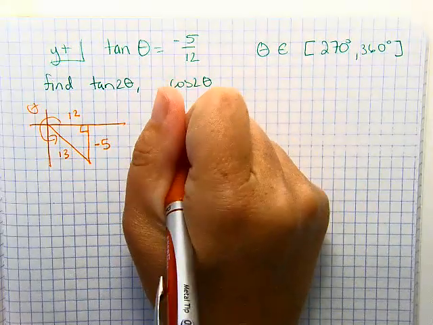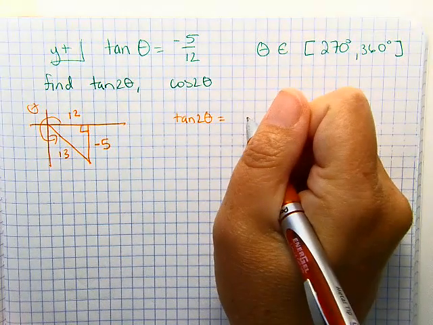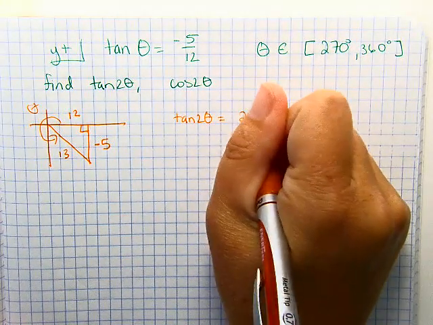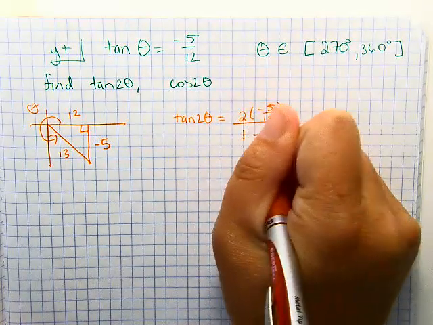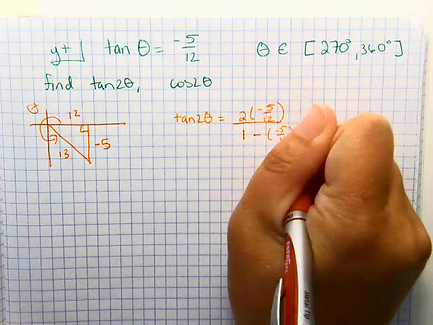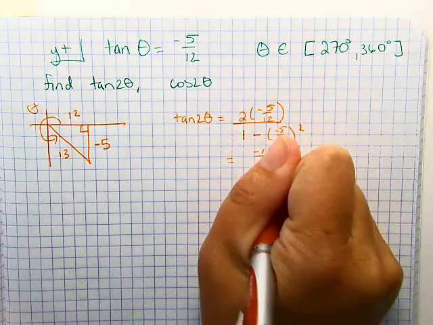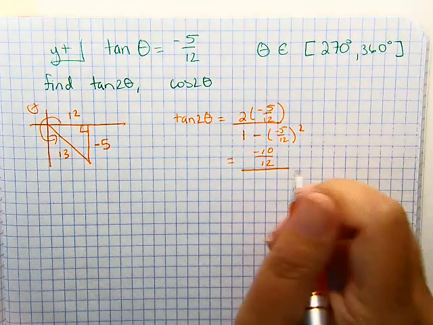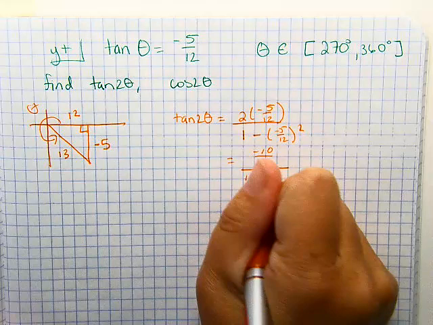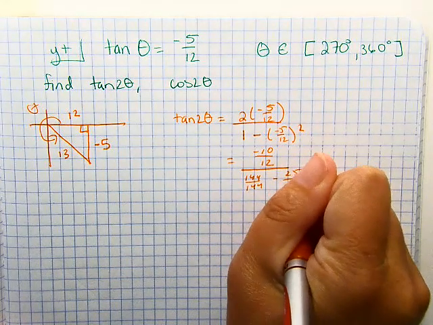To find tangent of 2 theta, tangent of 2 theta is 2 times tangent over 1 minus tangent squared, which is -10/12 divided by 144/144 minus 25/144.